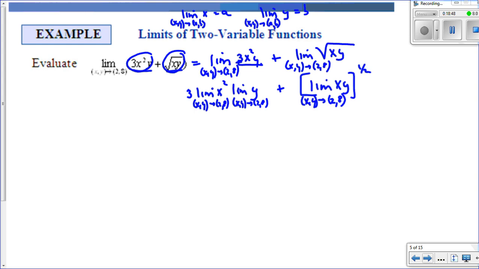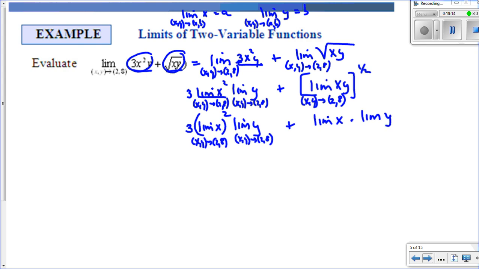Breaking this down a little more, likewise, this limit of x squared is the same thing as the limit of the x, squared. This will be the limit of x times the limit of y, using the product rule.